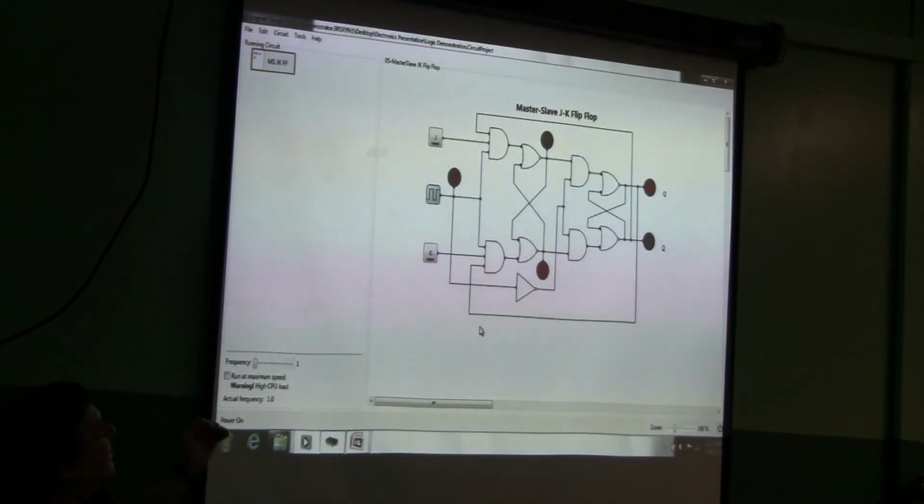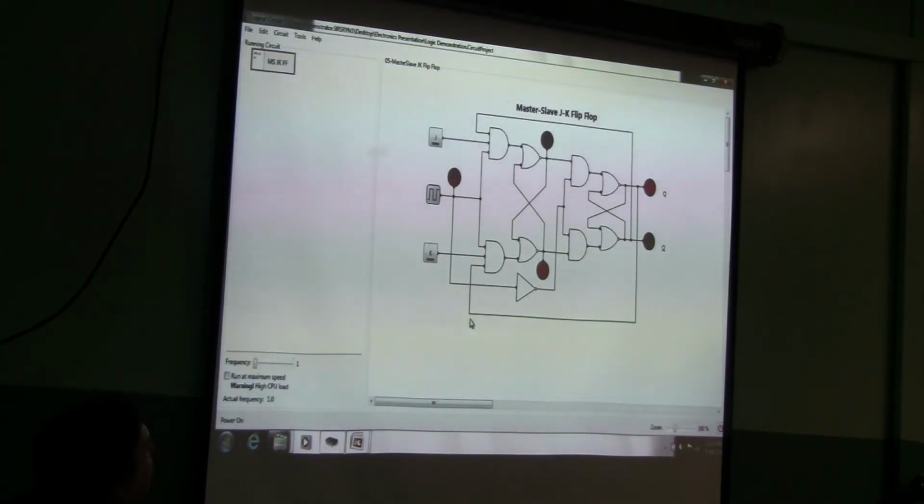If you're connecting a memory circuit inside a computer, you want it to only react when that particular circuit is active and only on a clock pulse, so that your timing between different circuits doesn't conflict. This clock is going on and off every second. There's a clock.